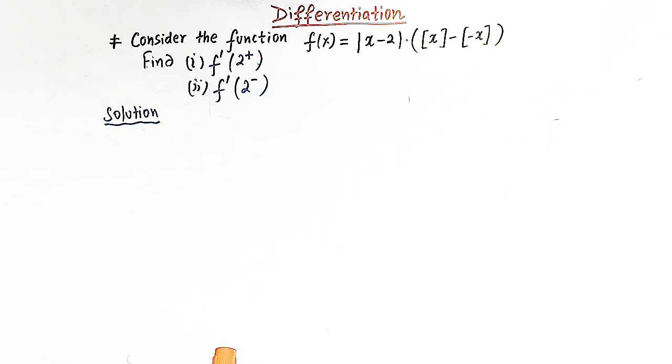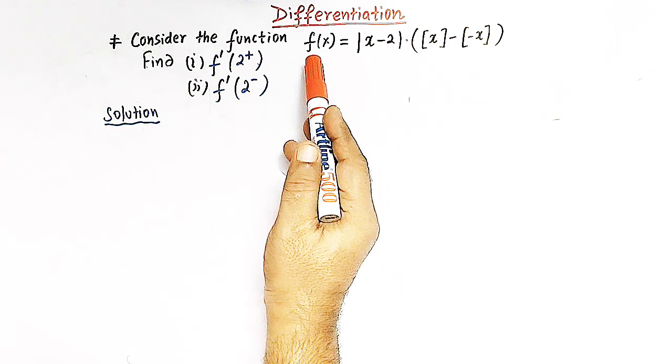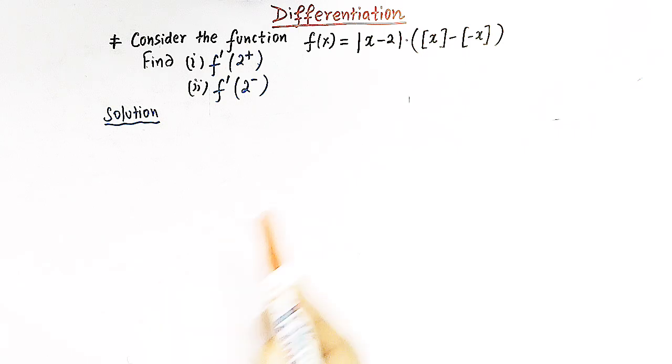So here what we will do is make use of an important property of the greatest integer function, right? And then we'll see how we can redefine this function f of x by making use of that property.